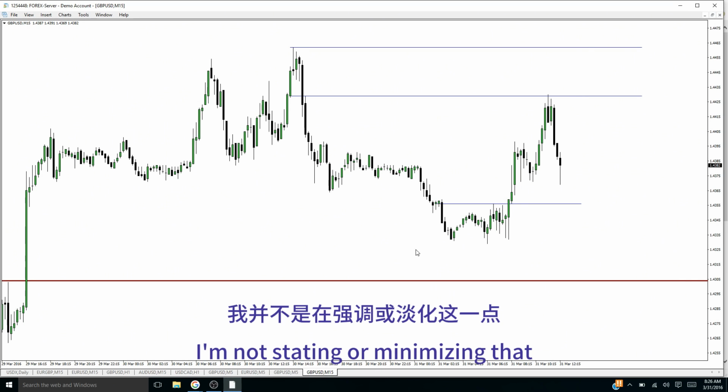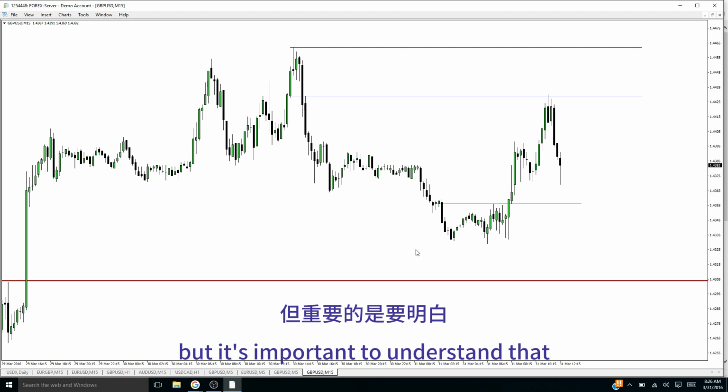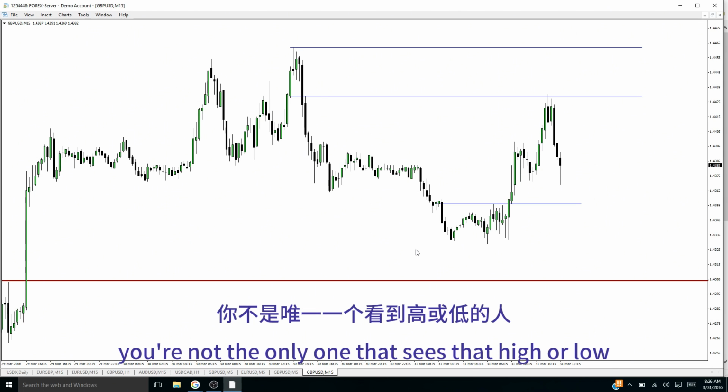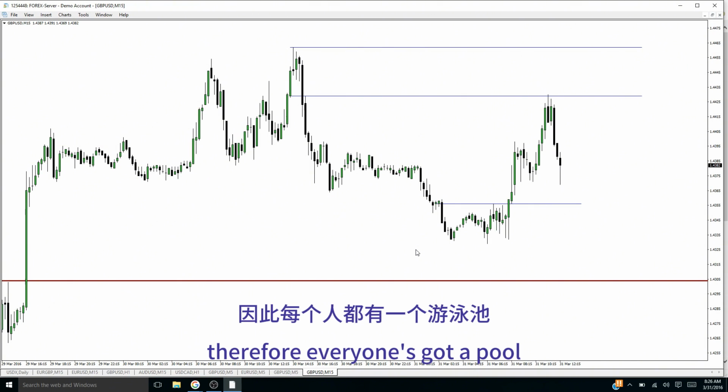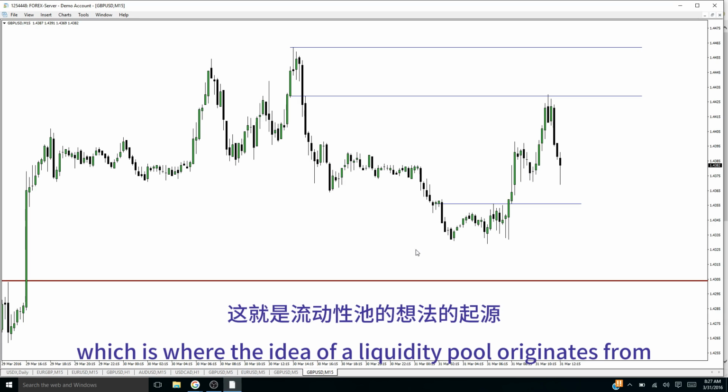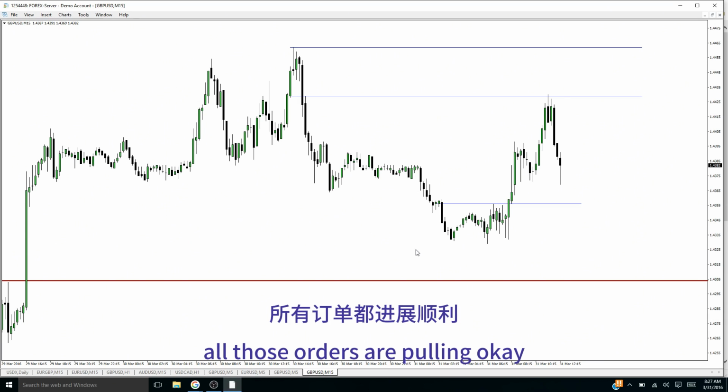I'm not stating or minimizing that, but it's important that you understand that the stop loss is exactly where the liquidity is forming. You're not the only one that sees that high or low, so therefore everyone's going to pull their orders all in one spot, which is where the idea of a liquidity pool originates from. All those orders are pooling.